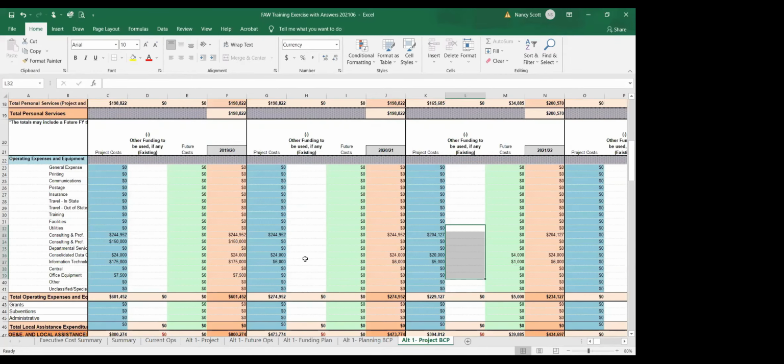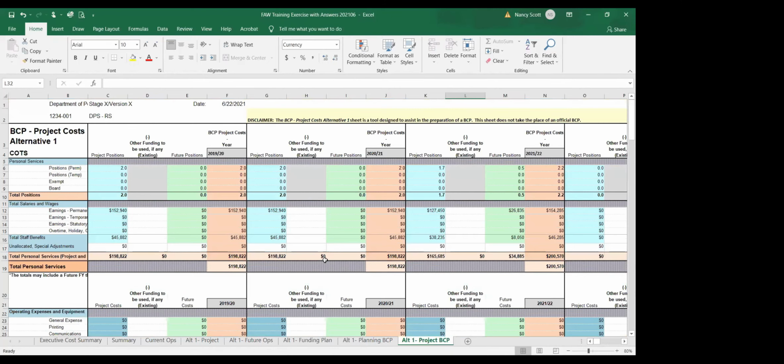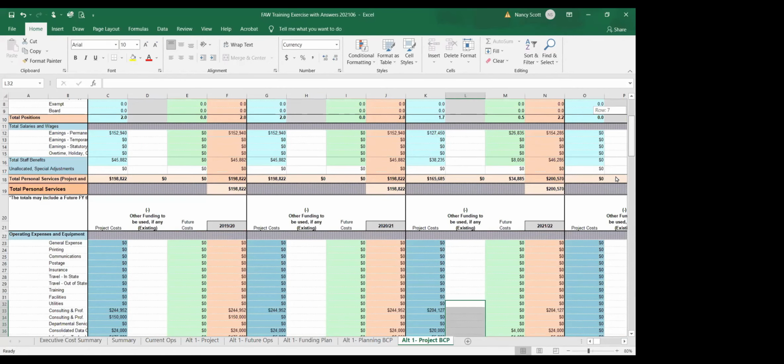So you can look here and say, well, it indicates that they need 198,822 for positions. So you could look at that, it matches there. And then it also shows that they need 274,952 for OE&E.